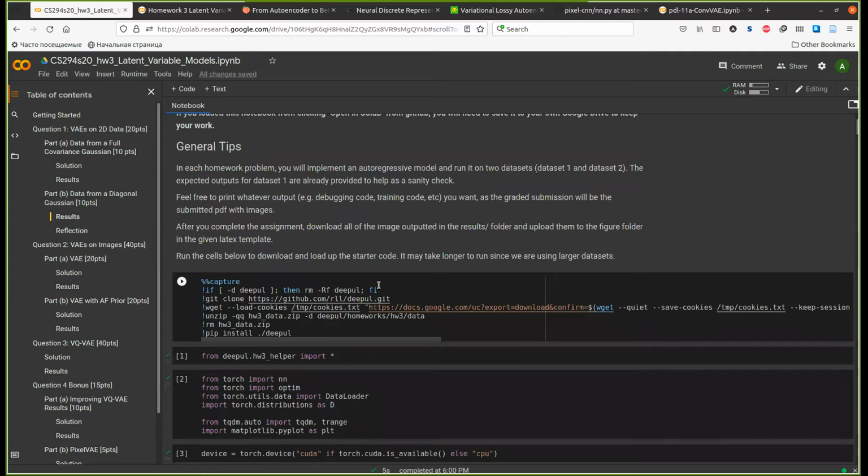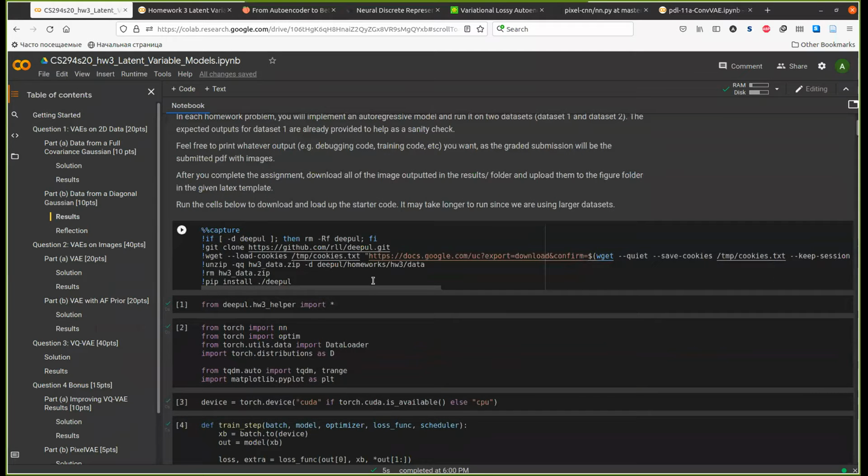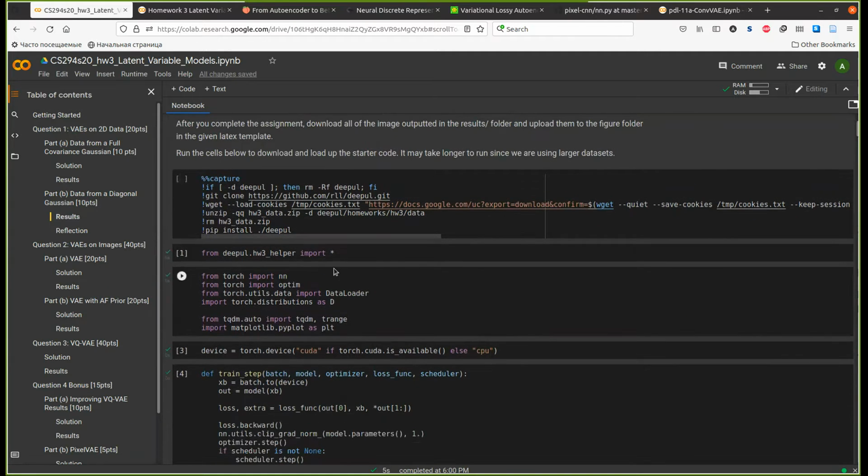Homework 3, we will look at how to implement various kinds of variational autoencoders and more modern flavors of it.